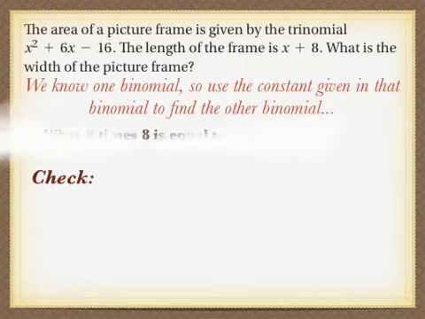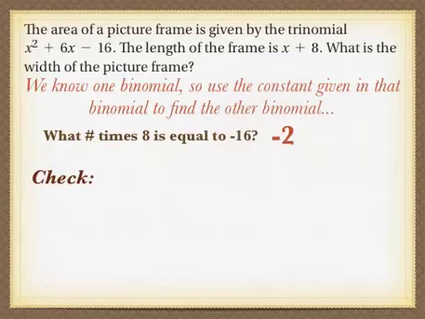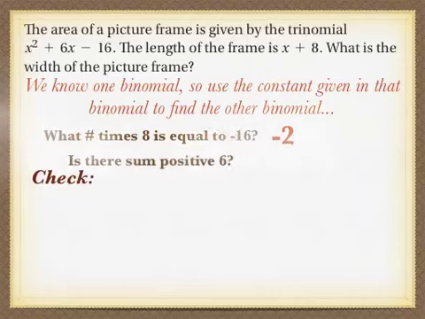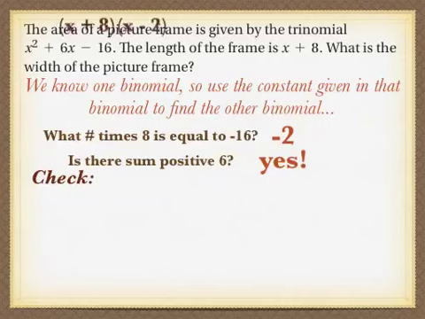The answer to that question is -2. 8 times -2 is -16. And if you look at 8 and -2, they would also have a sum of positive 6. So my two binomials are going to be x plus 8, which is what they gave us, and x minus 2.